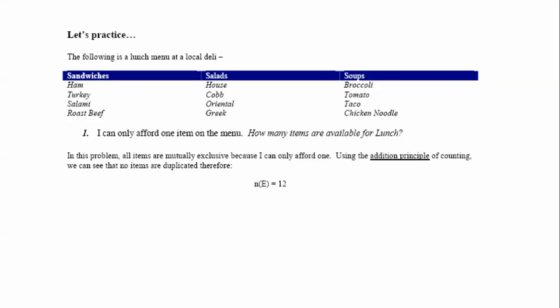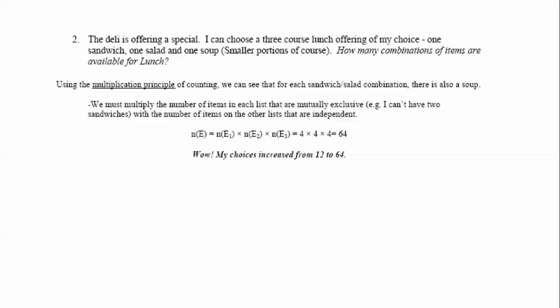So we use the addition principle of counting. We can see that no items are duplicated. Therefore, the total sample space, or number of possible events, the number of items that I can choose from, is 12. There are 4 sandwiches, 4 salads, and 4 soups, and we add that to get 12.